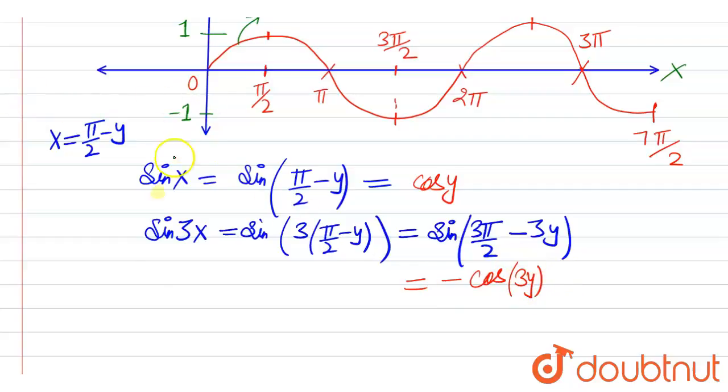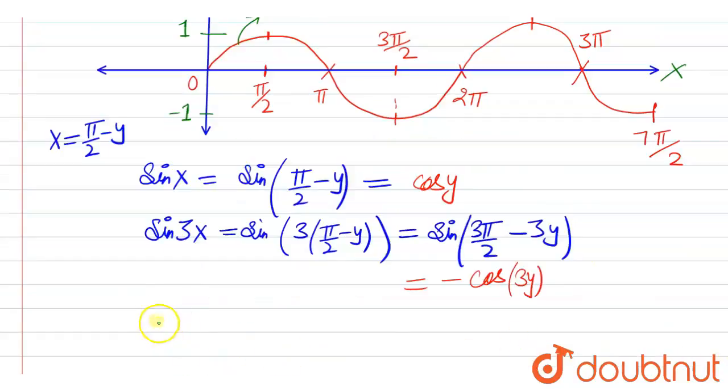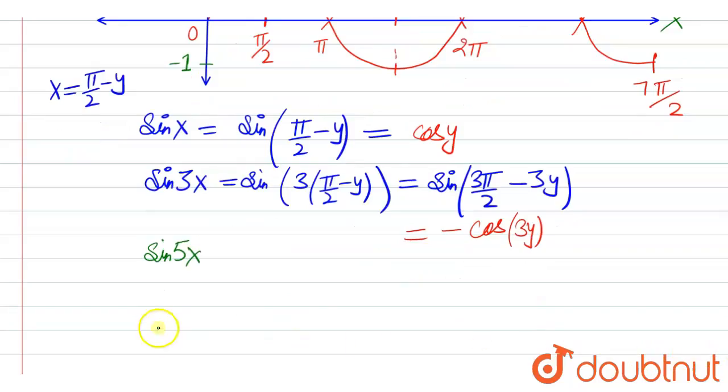Now the third term we have is sine of 5x, and sine 7x also. So sine 5x is equal to sine 5 times pi by 2 minus y.